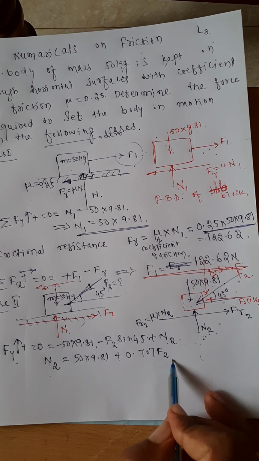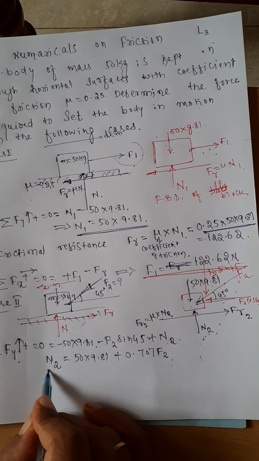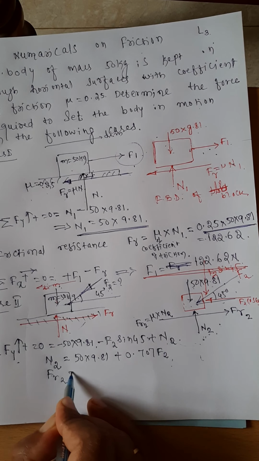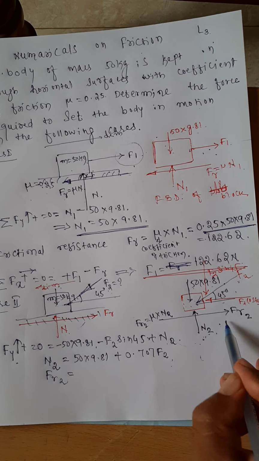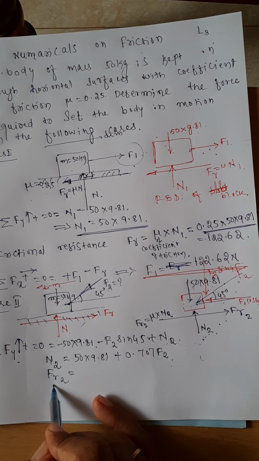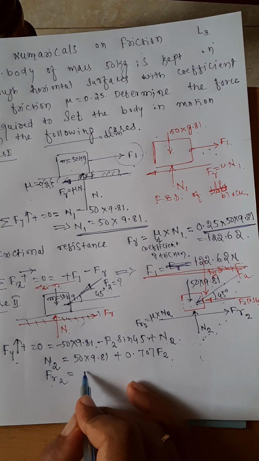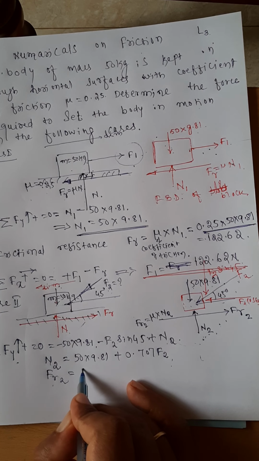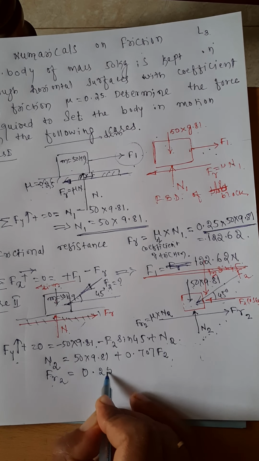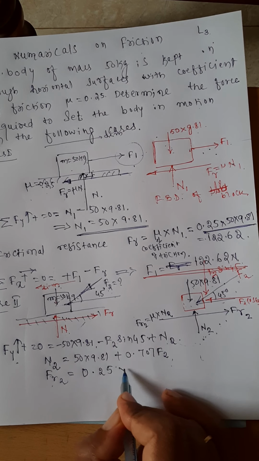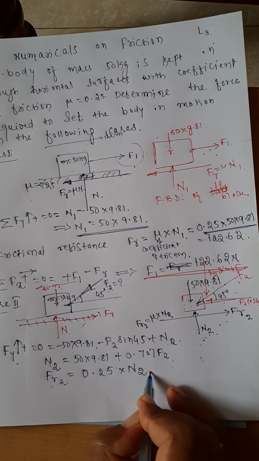If N2 is known, can you get a value of FR2? What is the value of frictional resistance? FR2 is equal to normal reaction multiplied by coefficient of friction. Normal reaction is N2 and coefficient of friction is mu. Coefficient of friction he has given as 0.25 multiplied by normal reaction N2.